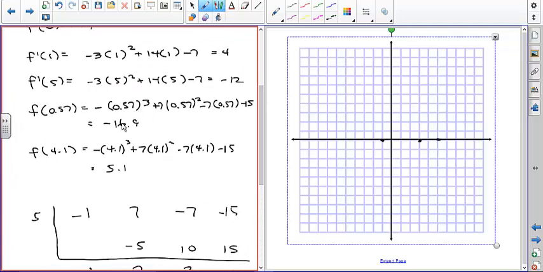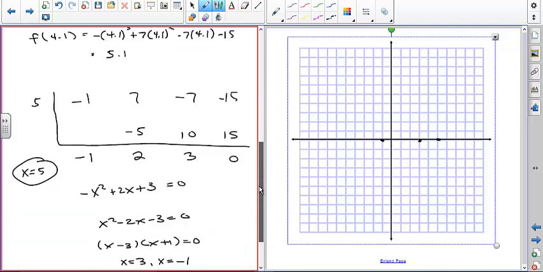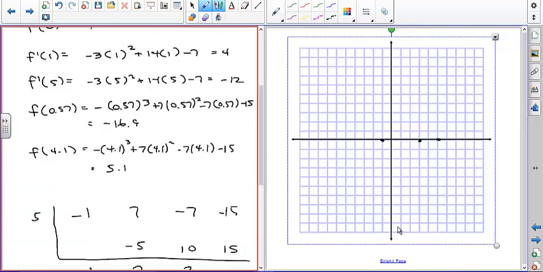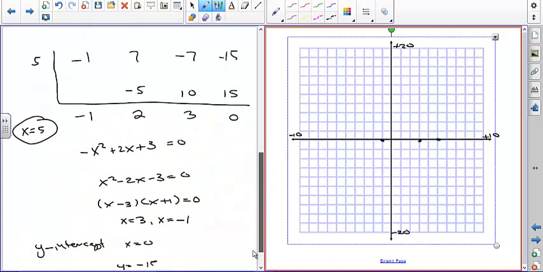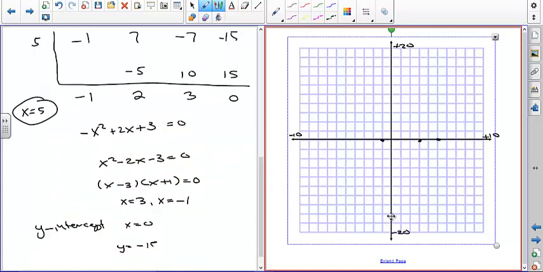So let's make it so that we go from -20. Is that going to work out? Yeah, -20 to +20 here, and we'll go from -10 to +10 on this axis. So it says that the y-intercept is -15, which would be right, let's see, there's 10, 12, 14, 15 right there. So that's the y-intercept.